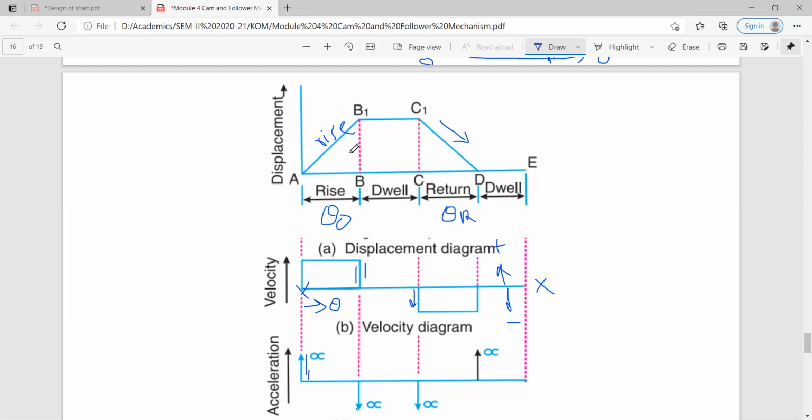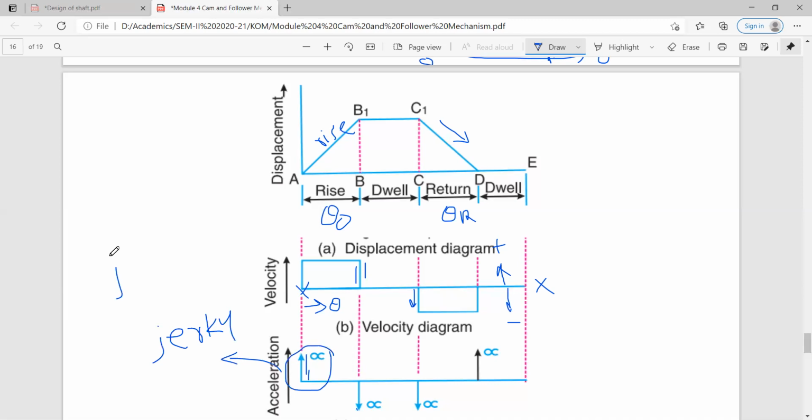So in practice it is seen that there are sudden changes in acceleration, 0 to infinity, infinity to 0. Because of that, the operation of the cam and follower becomes jerky. There is no smooth operation. You feel the jerks arising from the contact between follower and cam.